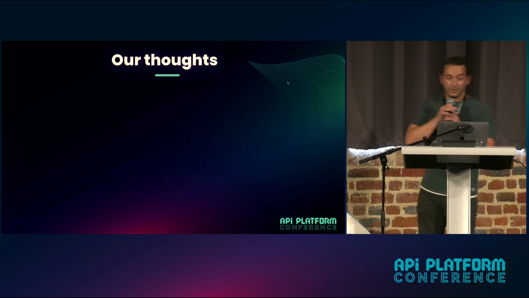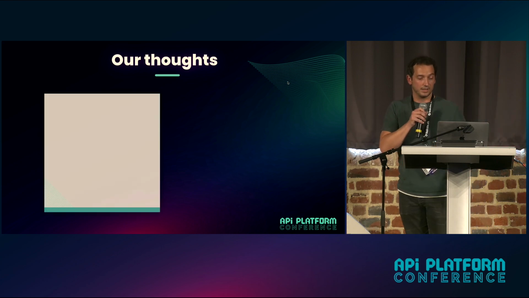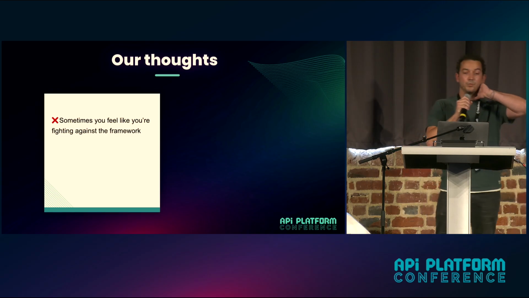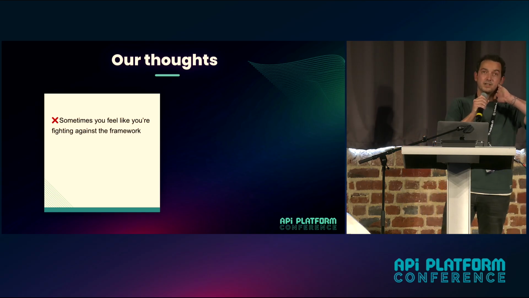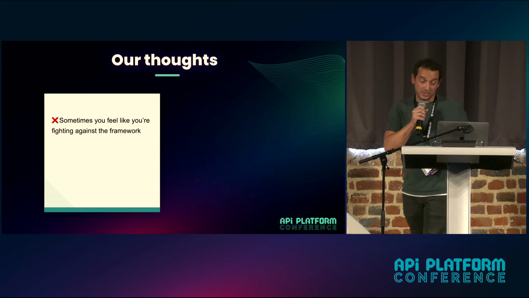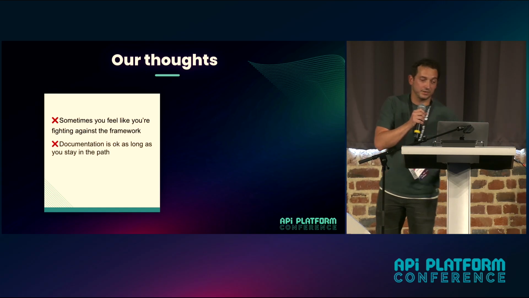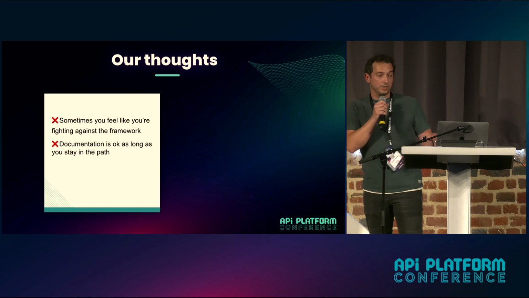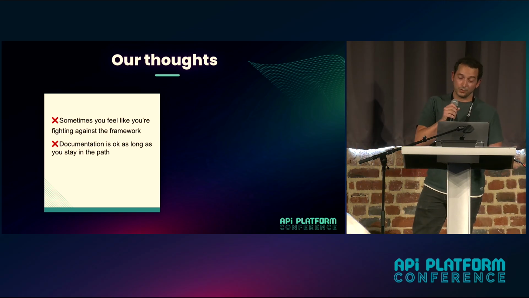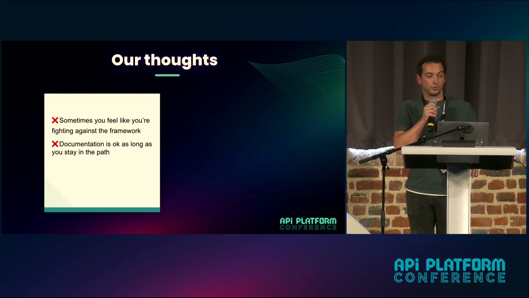So the conclusion about all this. We sometimes struggle with the framework, but I think it's mostly when we needed to do something that was out of the box. So it kind of makes sense. But the documentation is really good, and I know that it's really hard to maintain documentation because we also have an open source project.